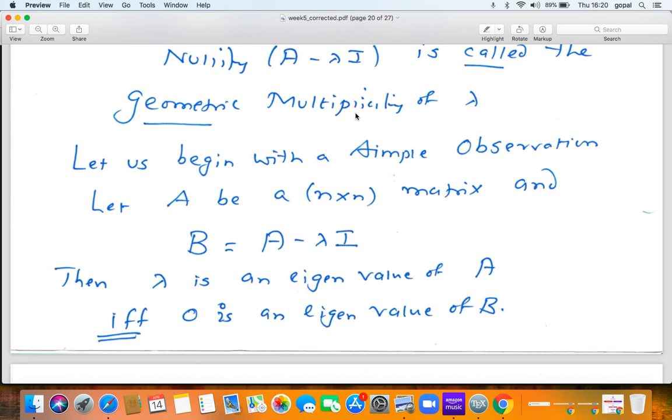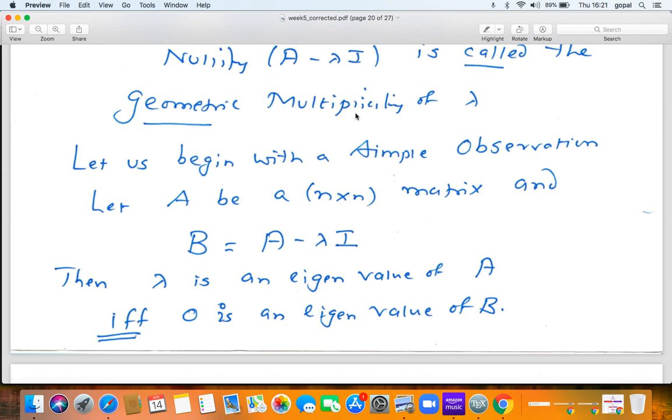Completely obvious. I have two matrices A and B, and B is simply A minus lambda I. Then lambda is an eigenvalue of A precisely means determinant of A minus lambda I is 0.